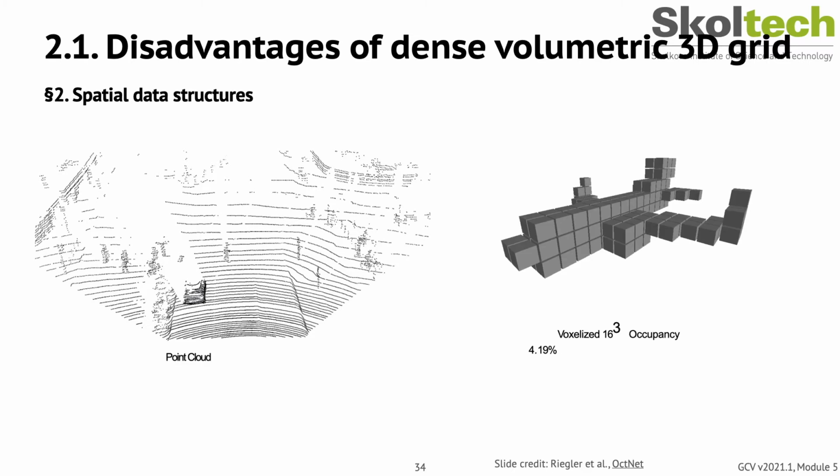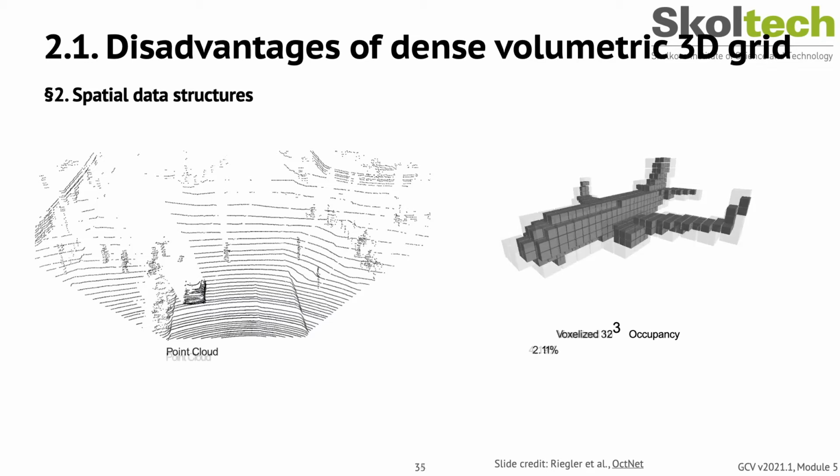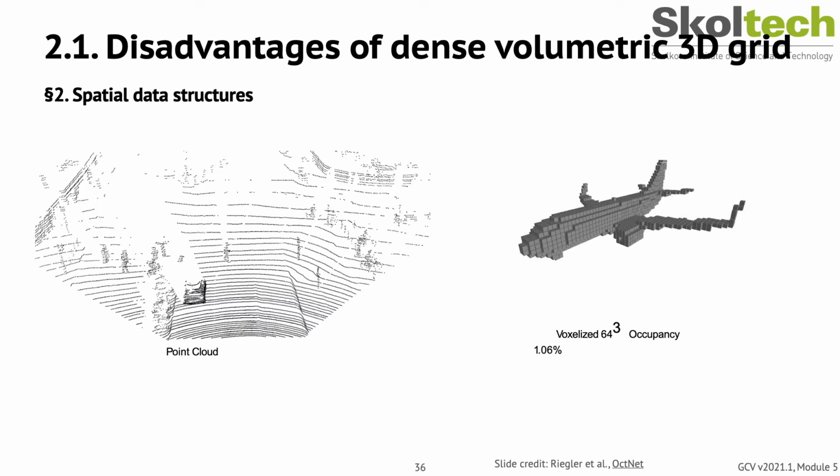We start with a 16 by 16 by 16 grid, which has an occupancy of only 4% already. But as we progress, as we go from 32 to 64 to 128 to 256 and finally to 512 cubed, we see that we're losing efficiency.